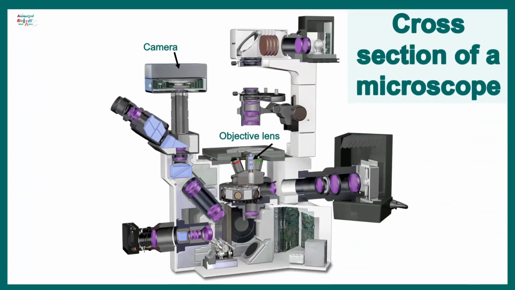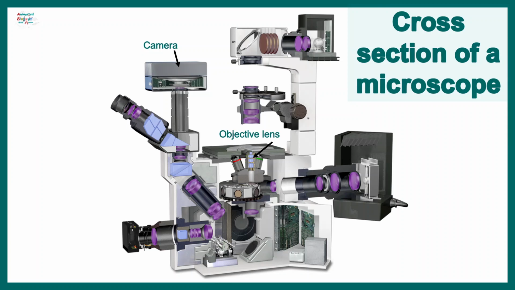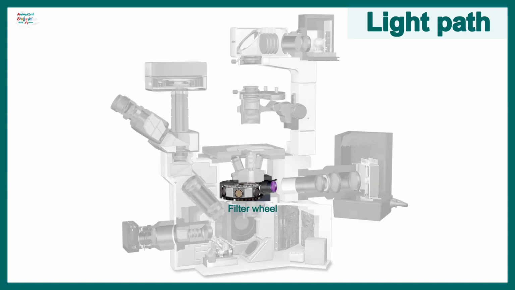Anyway, let's get back to the microscope and try to look at the light path in a cross section of a real microscope. So here you can see the objective lens, camera, and the lamp house. Now we are going to look at the light path in the same diagram. First of all, the most important component is the filter wheel, which has all these filter cubes.